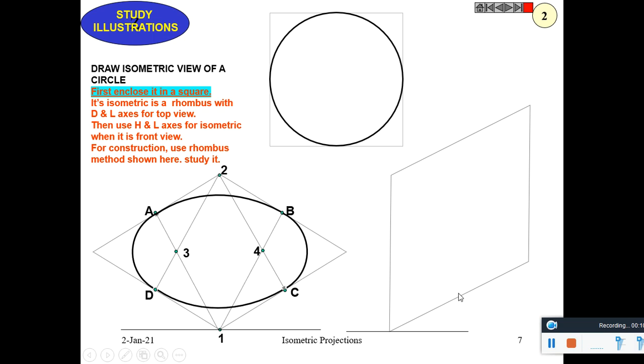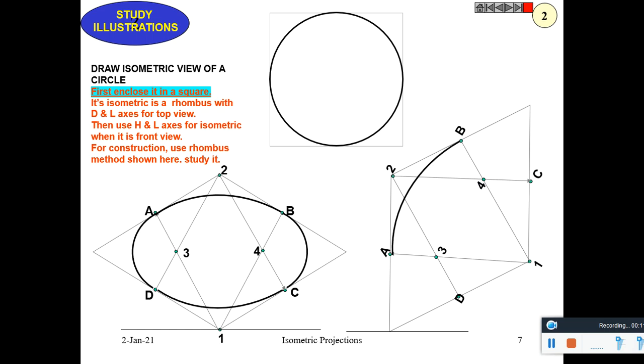So in the front view also it can be drawn. So this diagonal is excluded and these lines are drawn from these two corners. Now with 1 as center and 1A as radius, draw an arc.